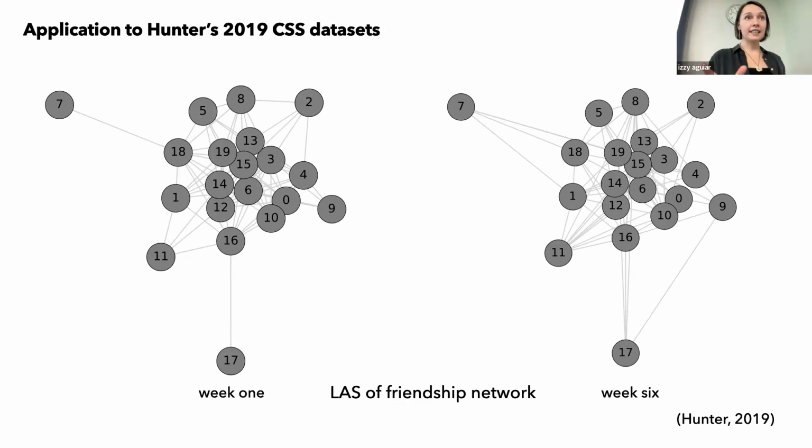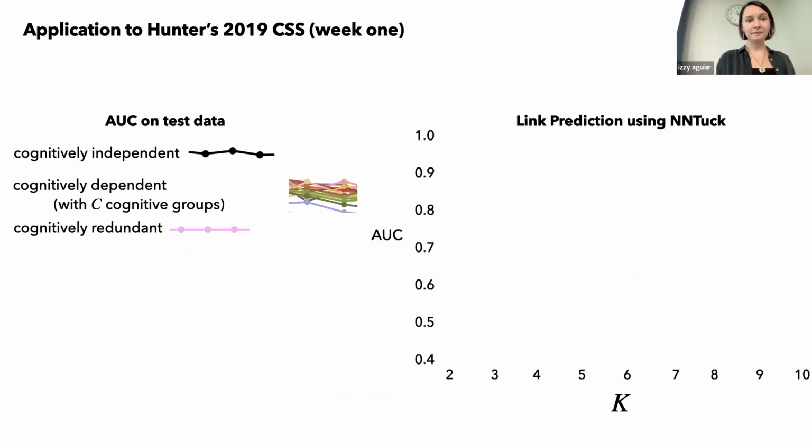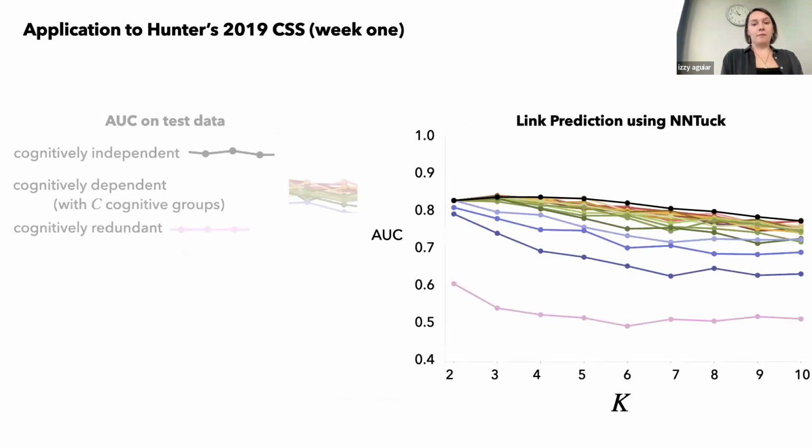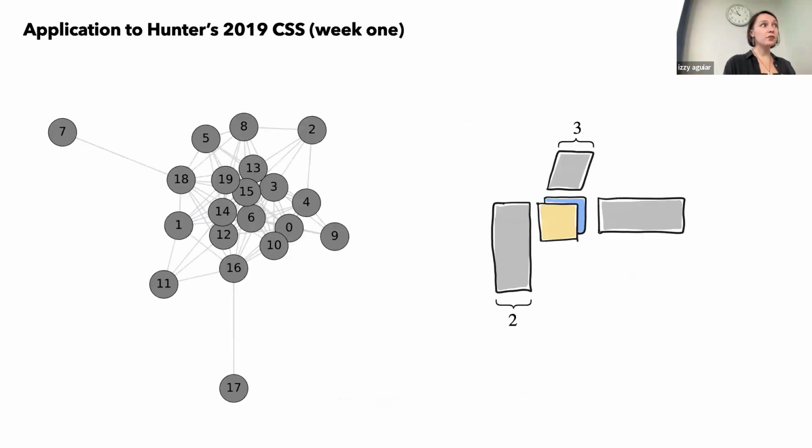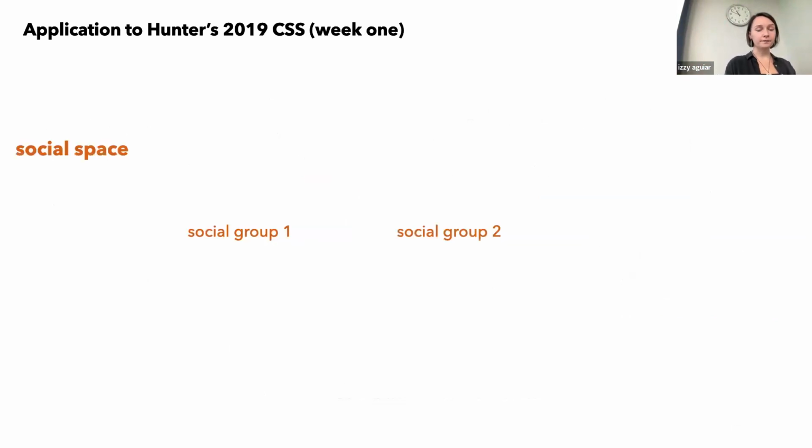For this particular setting, I'm only going to consider the first and the last weeks of the friendship network, but just keep in mind that a lot more exist as well, and they are available. So again, we'll do this cross-validation to choose our model specifications, and specifically for this first week, we'll consider the NNTuck with C equals 3 and K equals 2, so 3 cognitive groups and 2 social groups.